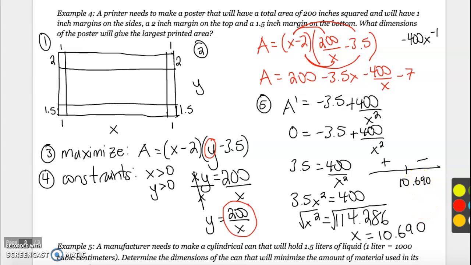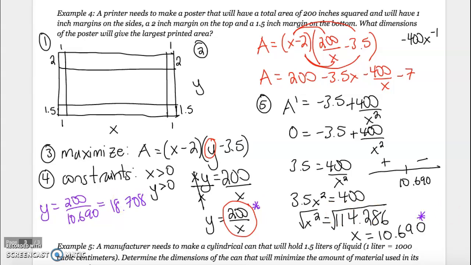And so then the last step that we have to do is take this x value and use my constraint formula to solve for what my y value would be, because they want to know what are the dimensions of the poster that will give the largest printed area. So then I can plug it in. So I'll have y equals 200 divided by 10.690, which gives me 18.708.